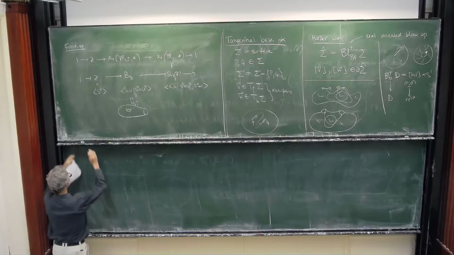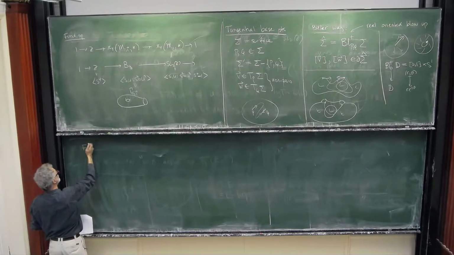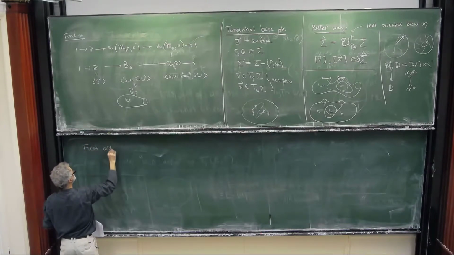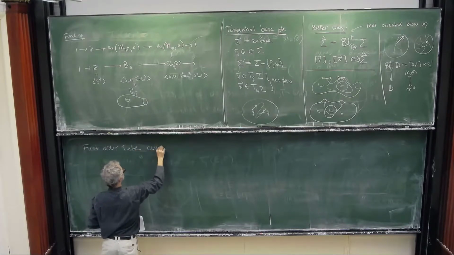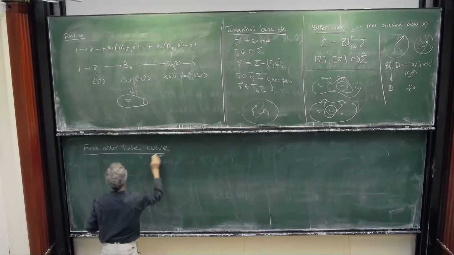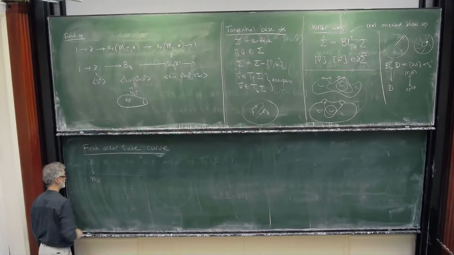All right, so let's look at the first order Tate curve. So we've got the universal elliptic curve over M11, again in the orbifold sense.